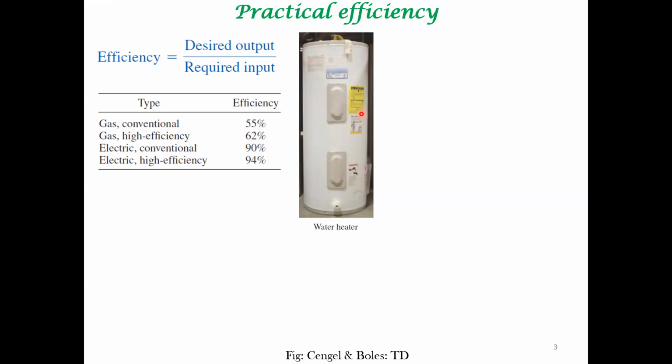Okay, so this is a way of controlling efficiency. Okay, so at the bottom, when you say required input, it is the amount of heat that can be obtained by burning a certain amount of gas, or the ohmic heat that can be generated by supplying current at a particular potential and so on. Okay, so that's what goes at the bottom.